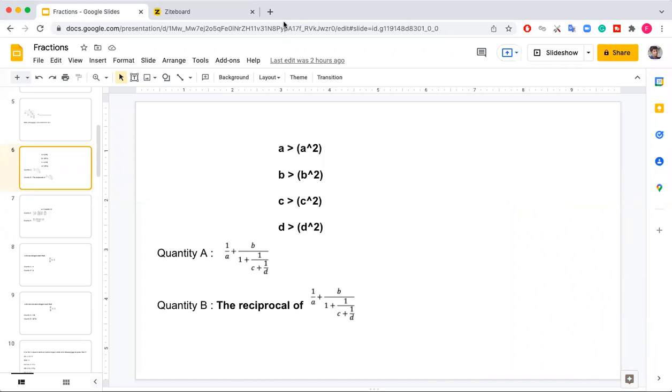Try this question. This is again a very simple question. And try to do this with logic instead of just substituting values. This is A to power 2. A is greater than A square, B is greater than B square.